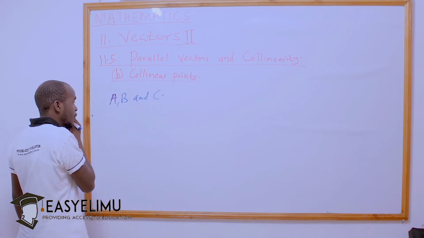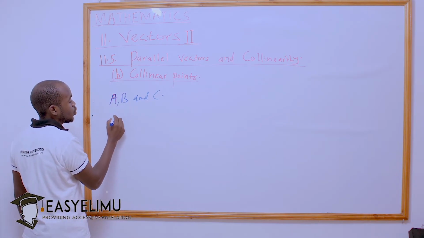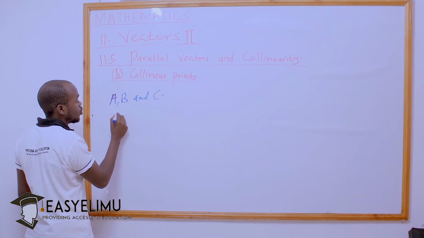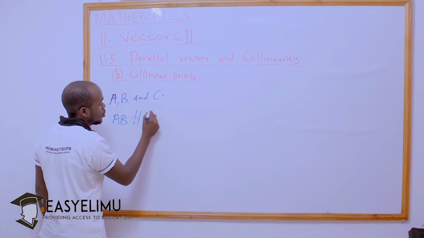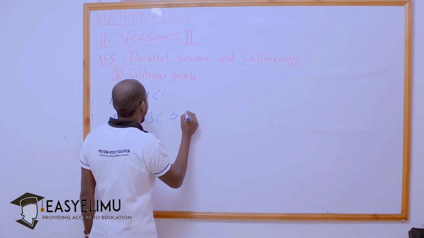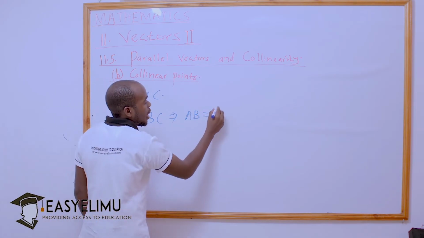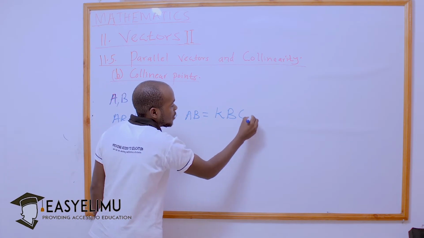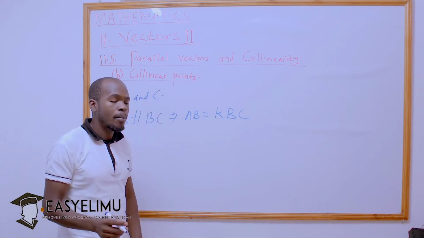So if you want to test, you will take AB parallel to BC, which means AB should be equal to K BC, whereby K is a scalar multiple.